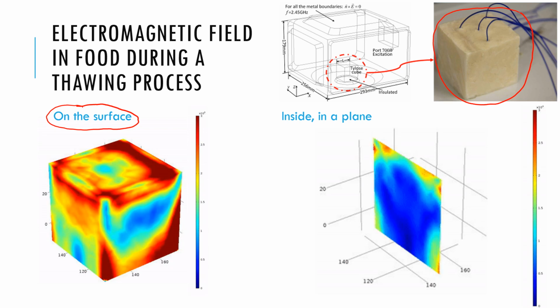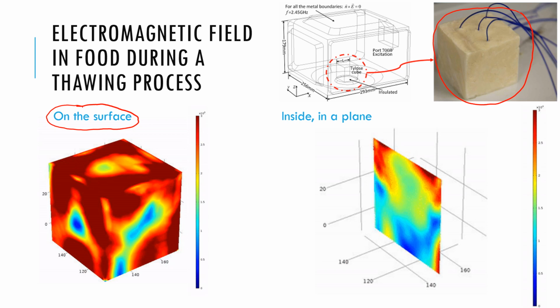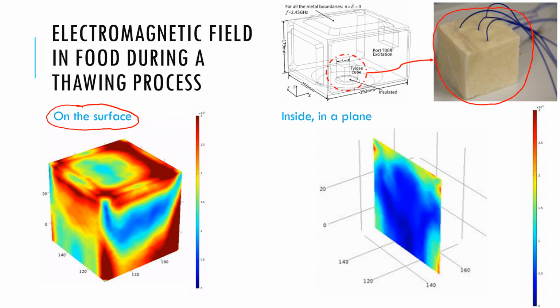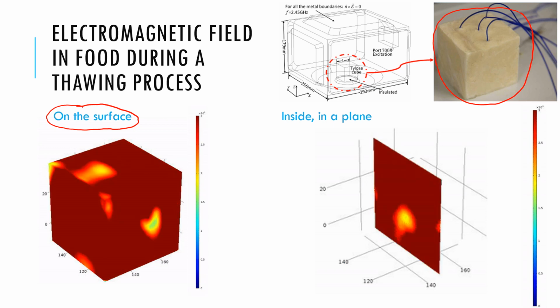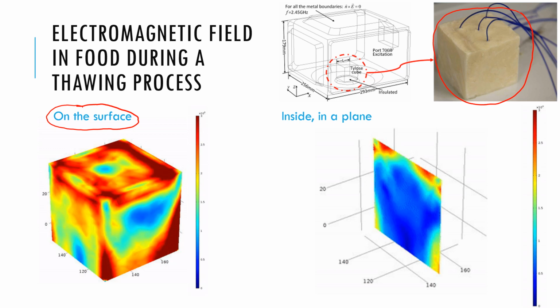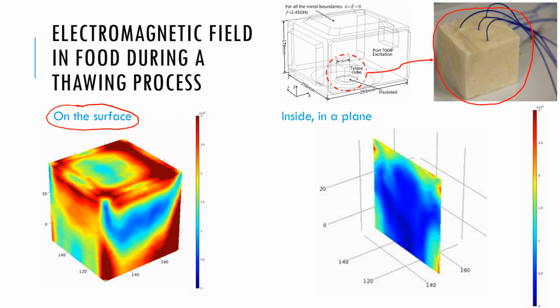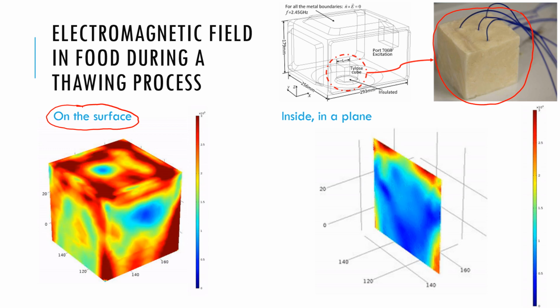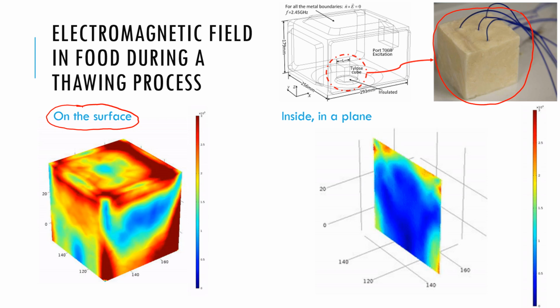Now it shows that the corners and edges are experiencing higher electric field, which is very much a characteristic of microwave oven heating. As the material thaws, it gets more microwave absorbing, like right now, and then the energy gets absorbed all near the surface, so the inside heating is reduced.